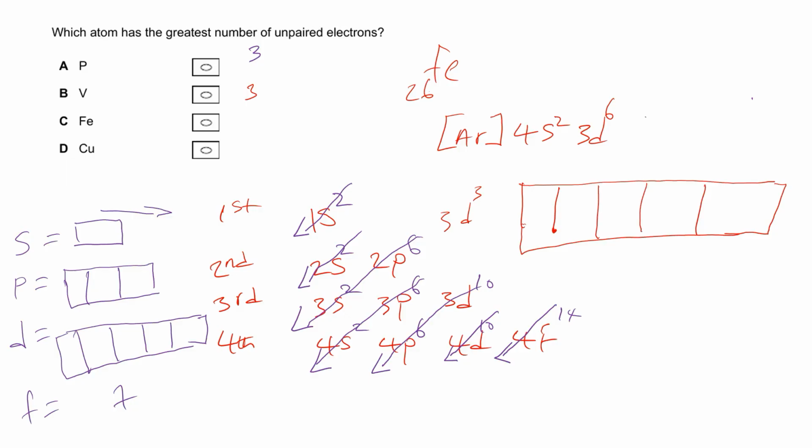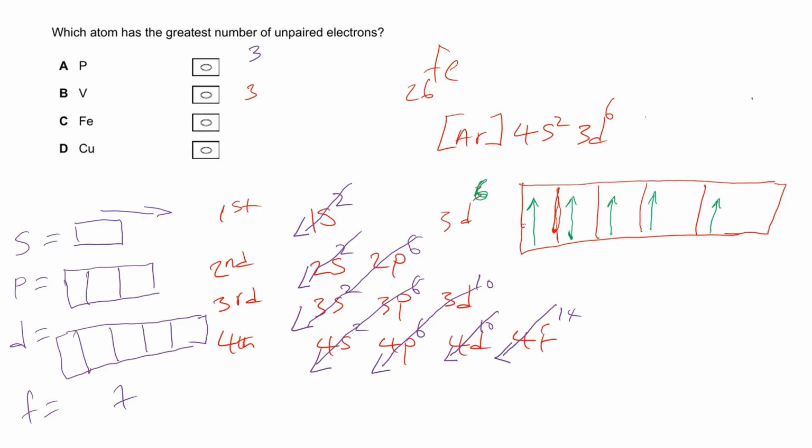Okay, and so let's fill in the electrons. This is 3d6, right? So it has 6 electrons. So the rule says you have to fill in all the orbitals first with single electrons, the up spin: 1, 2, 3, 4, 5.